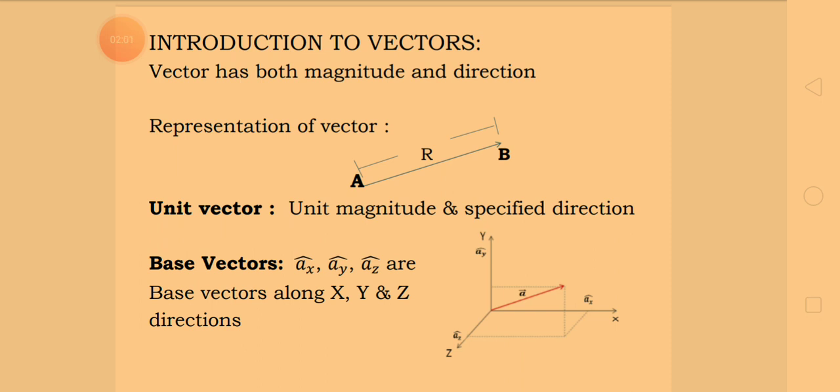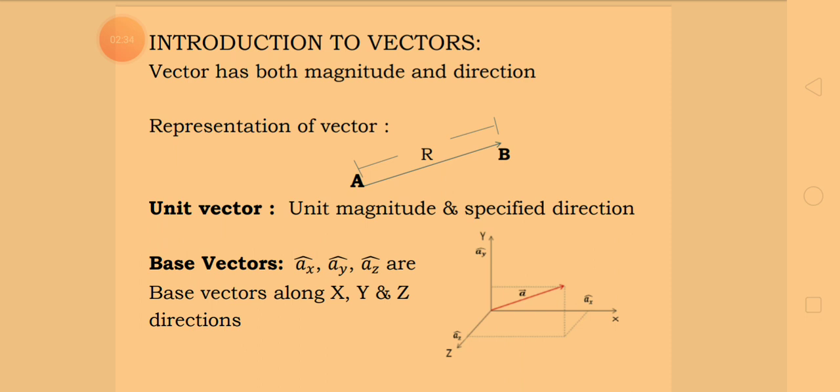Next, unit vectors. We should know what a unit vector and basis vectors are for the next discussions. A unit vector is a vector which has unit magnitude and a specified direction, whereas base vectors are the same as unit vectors but oriented strictly along the coordinates in the given coordinate system and pointing away from the origin.